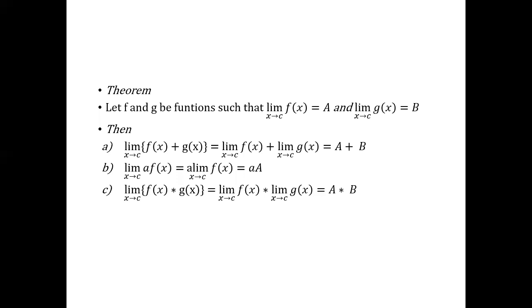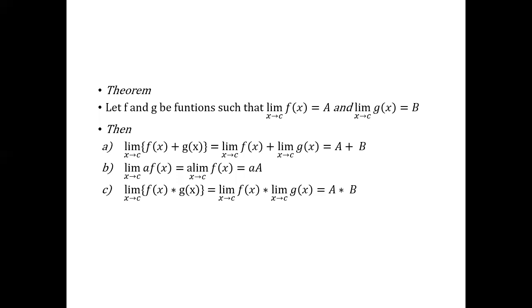The first thing we have to notice: if the functions f and g are functions such that the limit of f of x as x approaches a certain value c exists and is equal to a, and the limit of g of x as x approaches the same value exists and is equal to b, then the limit of the sum of the two functions is equal to the limit of the first function plus the limit of the second function.